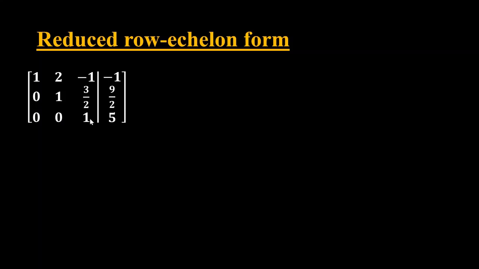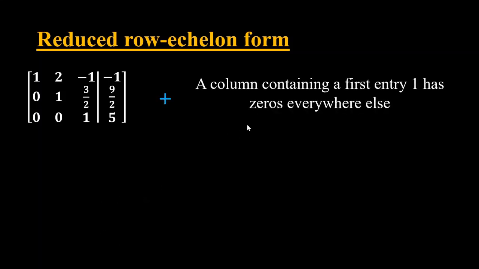Now we want to convert this matrix into reduced row echelon form. For this we add one more condition: a column containing a first entry 1 has zeros everywhere else. This is our 1, so zeros everywhere else; already both these entries are 0.